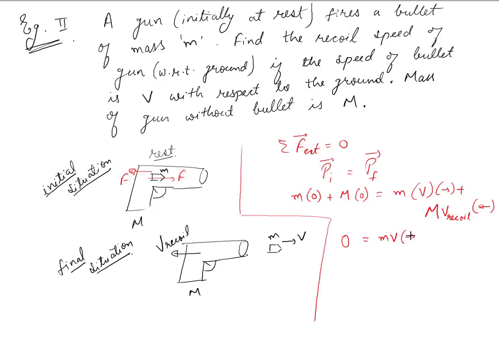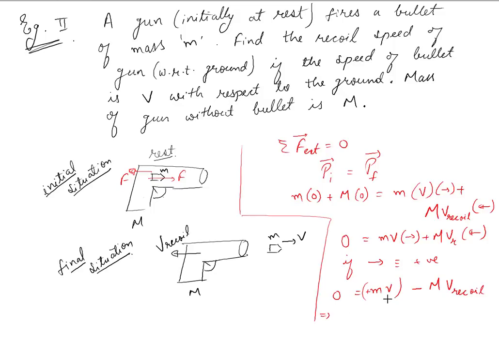So the initial momentum of the system is equal to 0, and the final momentum is the momentum of bullet plus the momentum of the gun. If we assume any direction to be positive, let's say this direction is positive, then the momentum of bullet will be plus mv, and the momentum of gun will be equal to minus capital M into velocity of the gun.